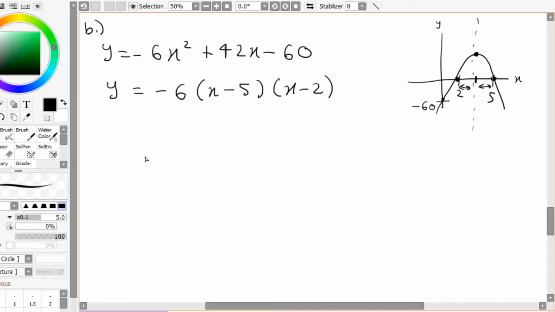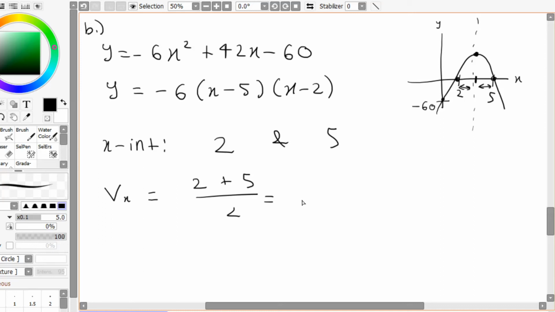So we know that the x-intercepts are 2 and 5. What I will do is find the average of them. So the vertex x is going to be (2 + 5) / 2, which gives us 7/2, or 3.5.